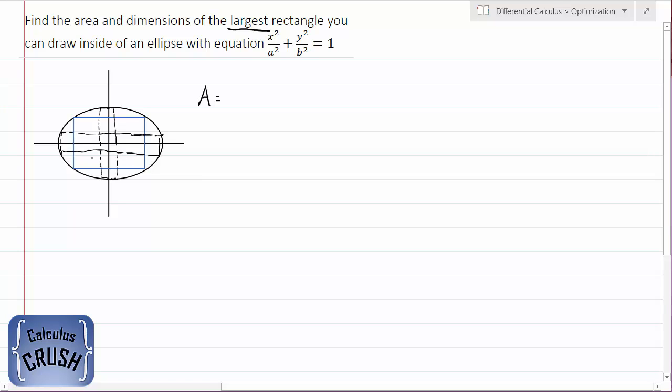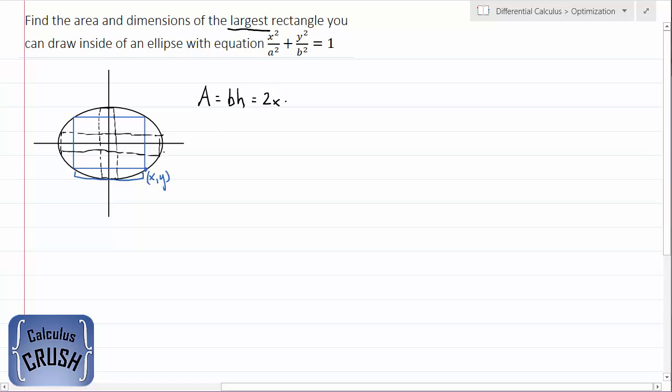of this blue rectangle. The area of a rectangle is just base times height. So the base would be this length here. Now what would that be? Well, this point here is a point on the ellipse, which will have the values x and y. So half of the base is just x, so if we go 2 times x, we get the base.